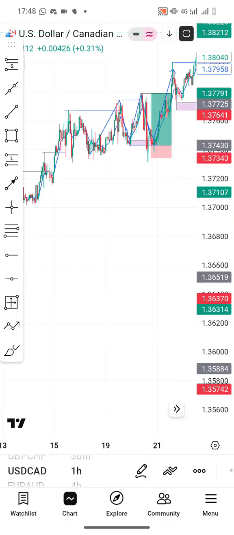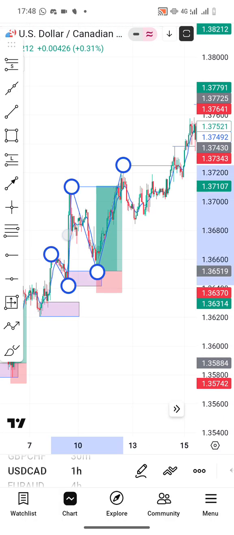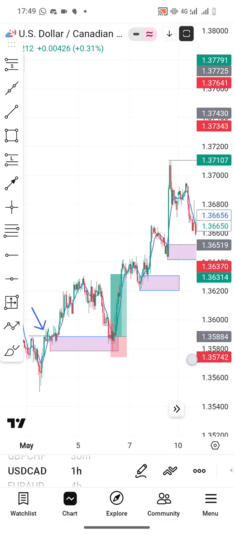Support and resistance is a level where the market bounces off or is supported by. That's the best way to identify support and resistance. So let me delete this to make it a little bit easier for you to see.